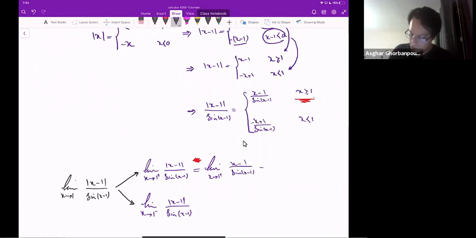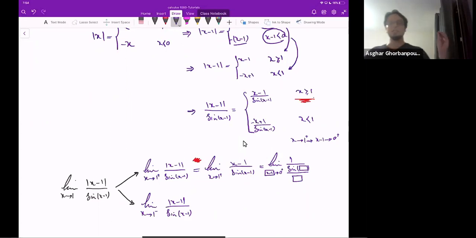And let me show you a nice trick here: the limit of 1 over sine of something over that something itself. As you see, x approaches 1 from the right, so x minus 1 will approach 0 from the right. And here that box is basically x minus 1, which is approaching 0. Do we know the limit of sine of box over box as box goes to 0?